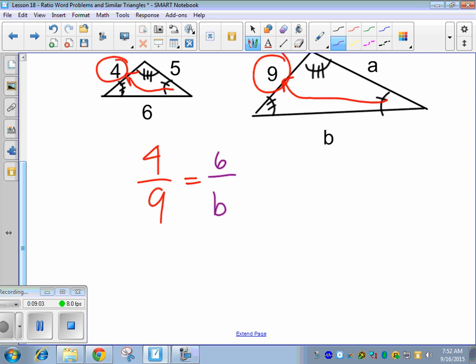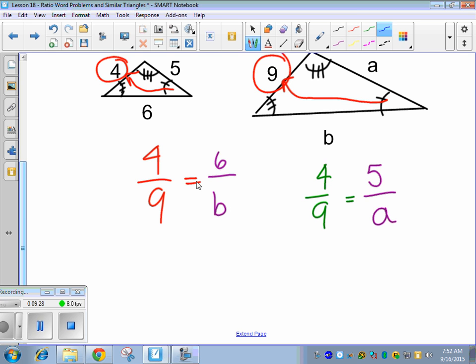So 6 over B. Okay, and before I solve that, I'm going to go ahead and do A. So I'm going to do 4 over 9. If I do 4 over 9 and I want to find A, what do I have to set that equal to? Hannah, what do you think? Okay, 5 over A. Good.